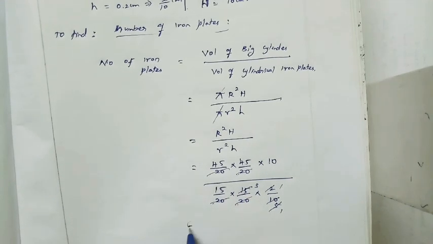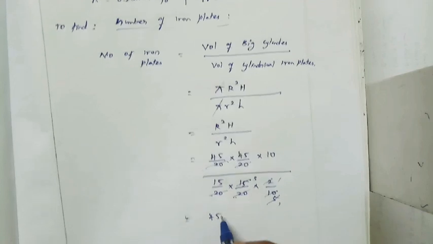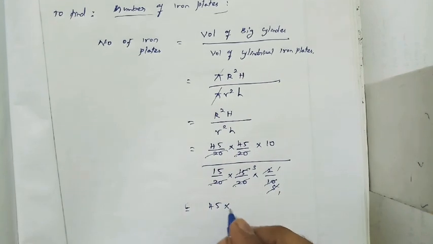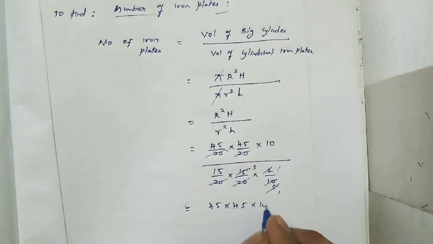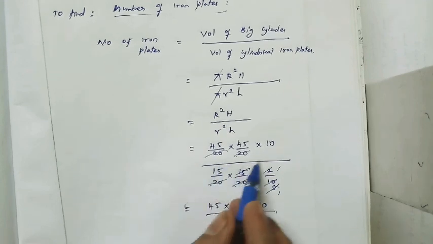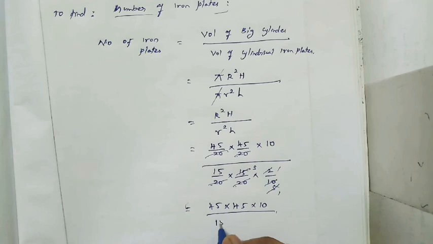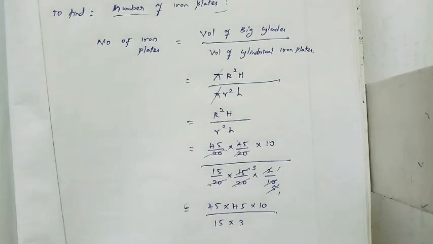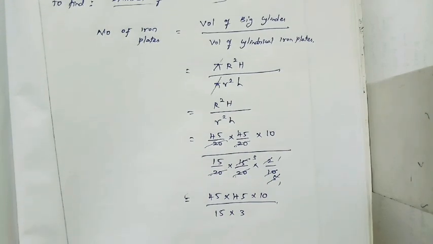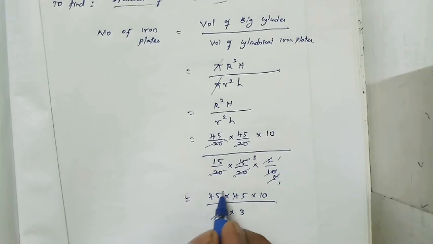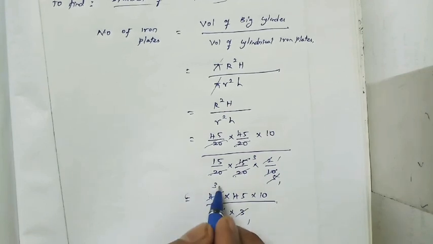So what is remaining in the numerator? 45 into 45 into 10, whole divided by the denominator, which entirely gets cancelled, divided by 15 into 3. Now just multiply and simplify. 3 1s are 3, 3 cancels.